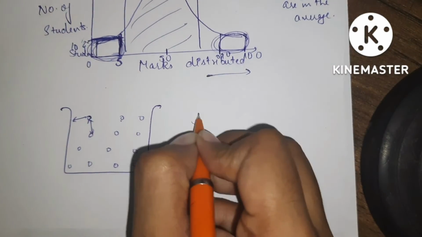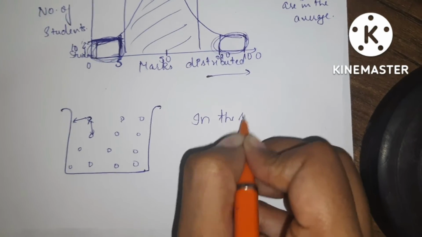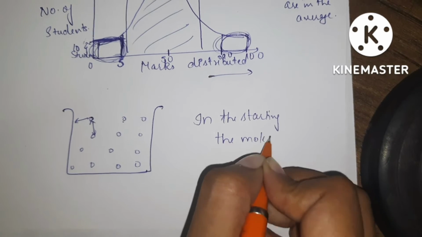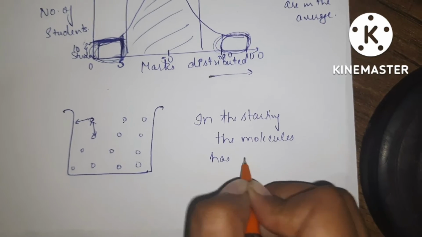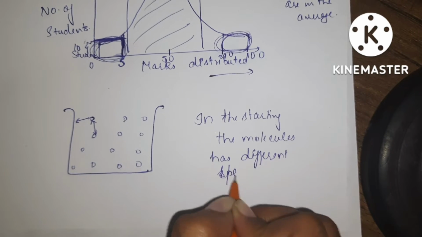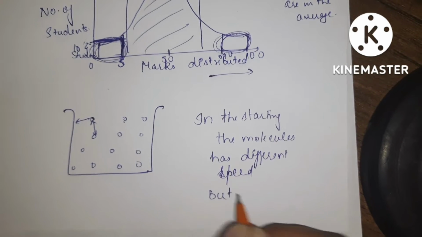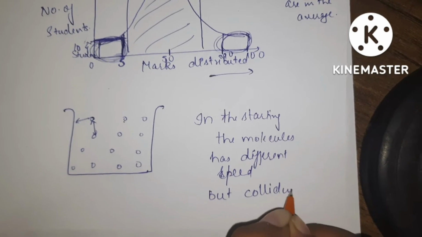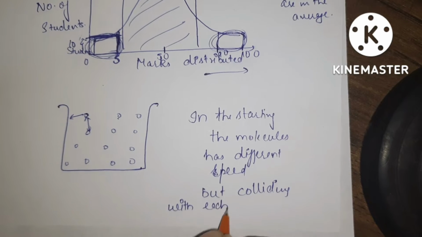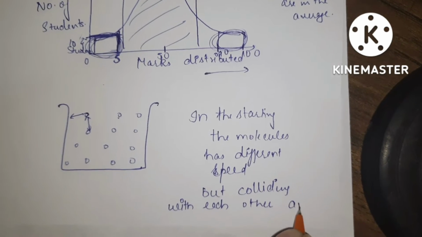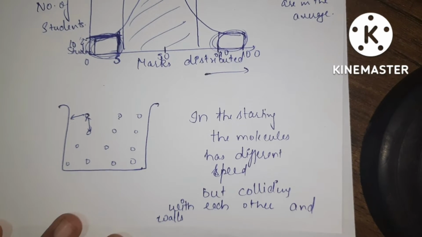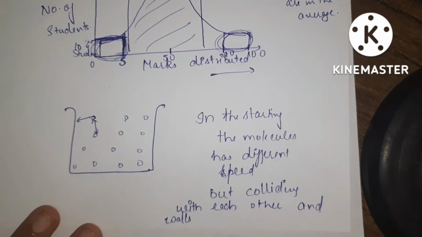So in the starting the molecules have different energy, and different speed I can say, but after colliding with each other or with the walls of the container, gas particles do not have the same speed as that present in the starting.